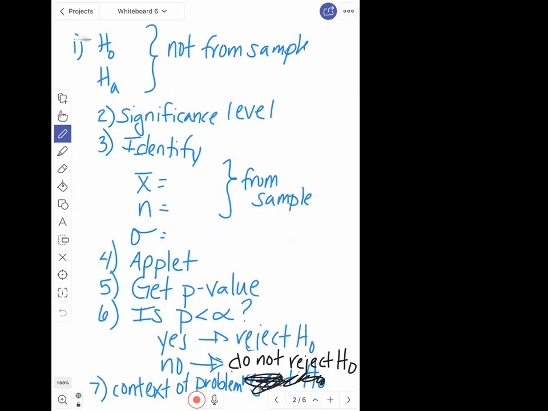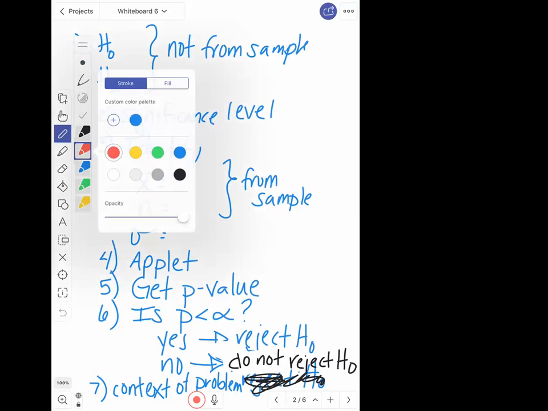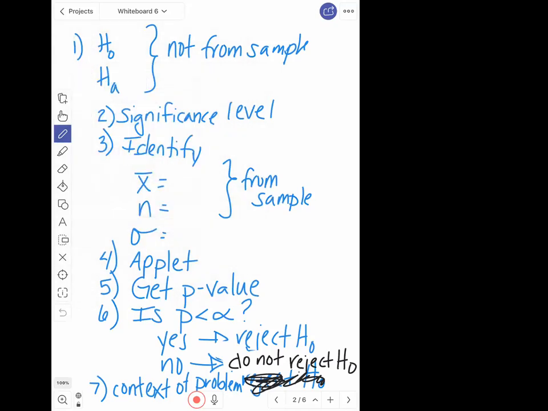So here's a list of steps for going through this hypothesis testing process. The first thing is your null and alternative hypothesis. You need to identify these. These are not from your sample. This data is going to be a claim that they typically make.